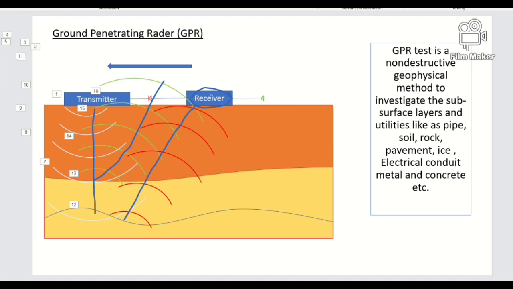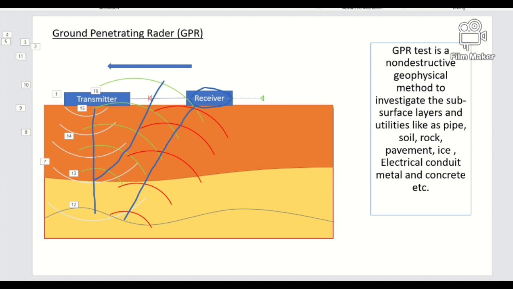It is a geophysical method, and also a non-destructive method. So if any subsurface investigation is required, we can use this GPR method, which is very cost effective and time effective.